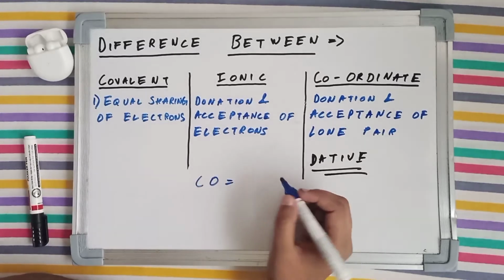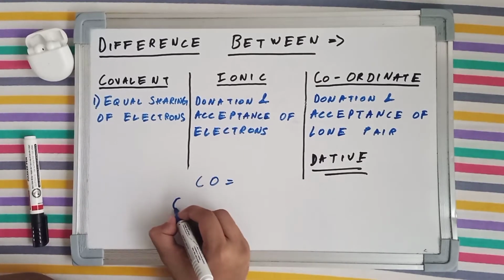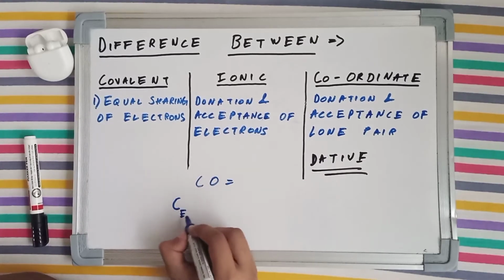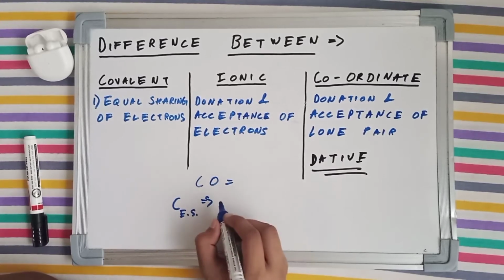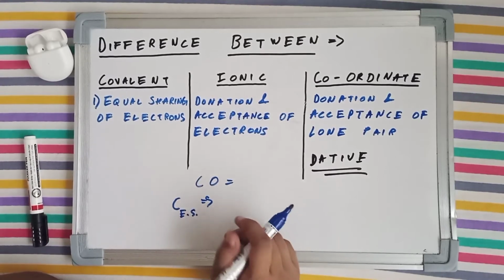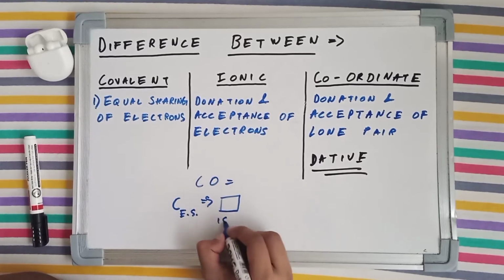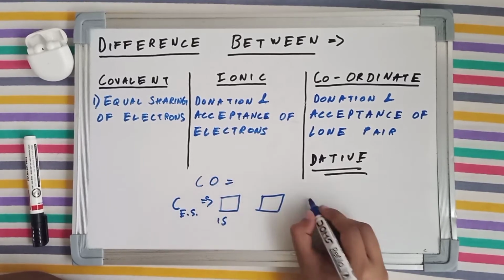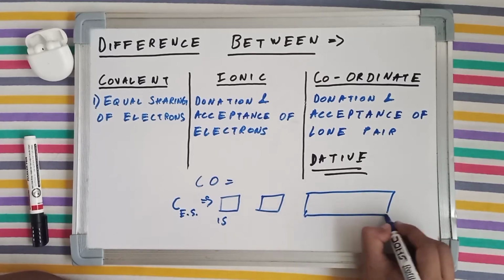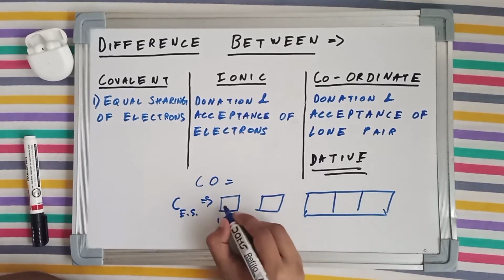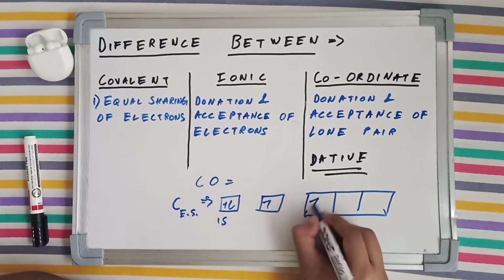Okay, carbon monoxide. Now the electronic configuration of carbon in its excited state, or maybe I should draw the orbital diagram in excited state. It is for 1s, 2s and 2p. 1s has 2 electrons.